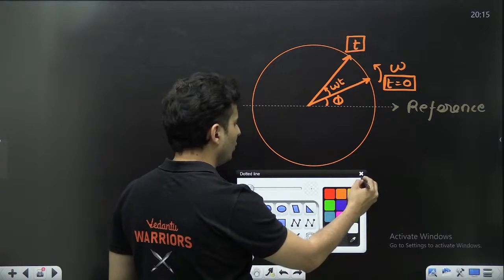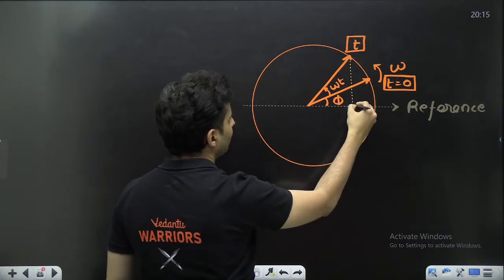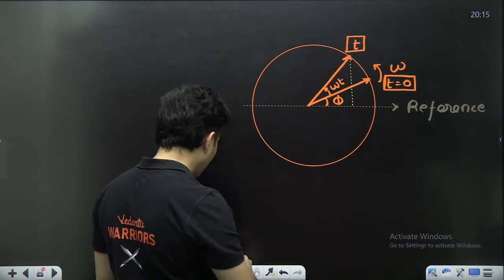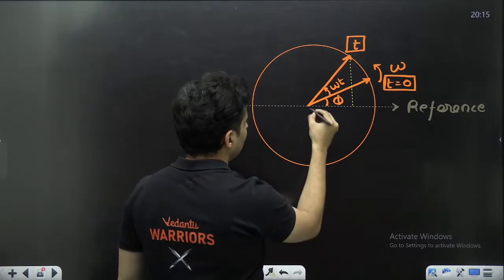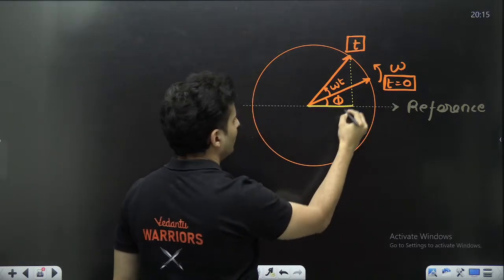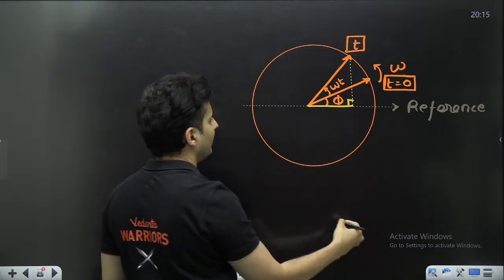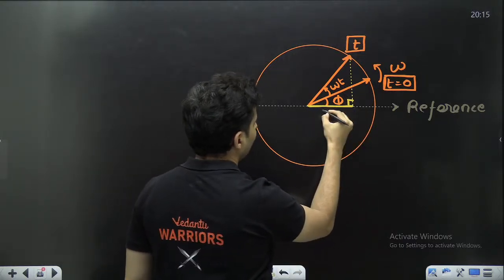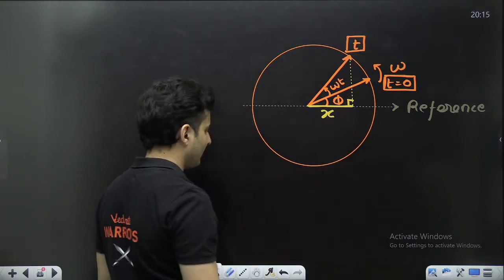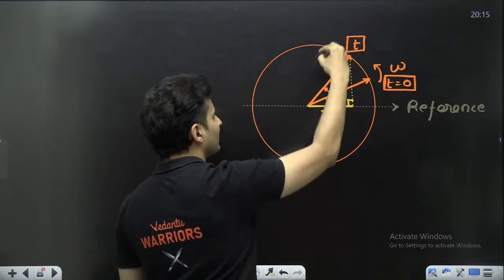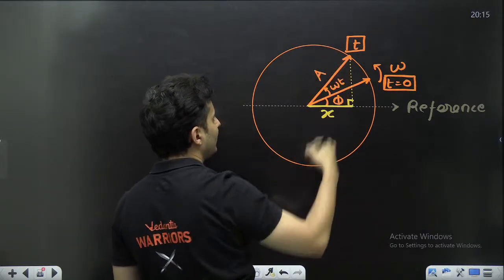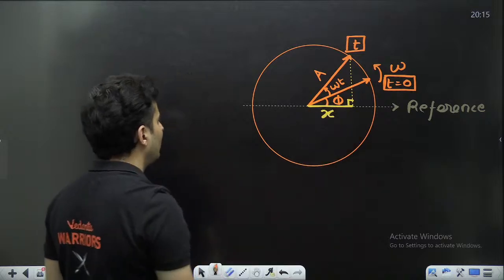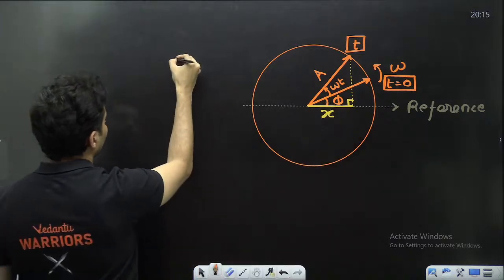Next thing I'm going to do is drop a perpendicular, and just join this point till this point. And I know this is a beautiful right angle triangle, and this particular length I'm just going to call x. The radius of the circle I'm just going to label as a. I hope you can see that beautiful triangle which is formed.